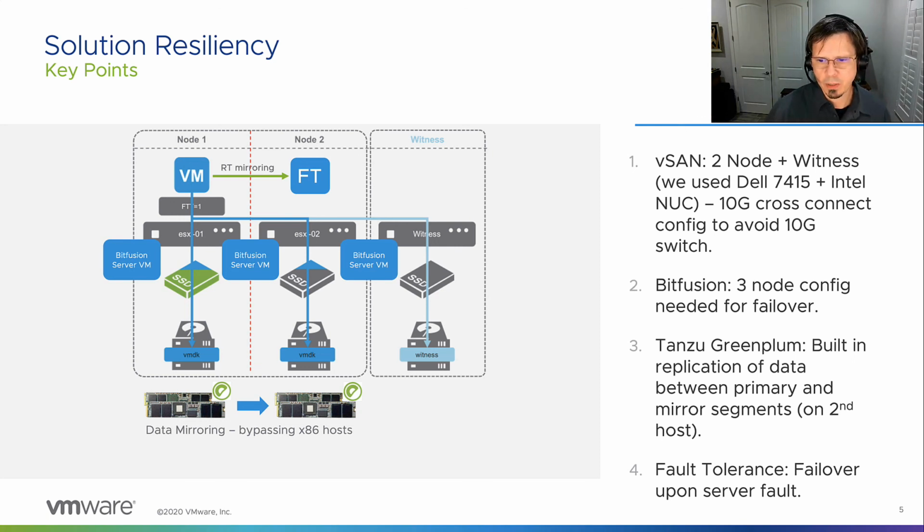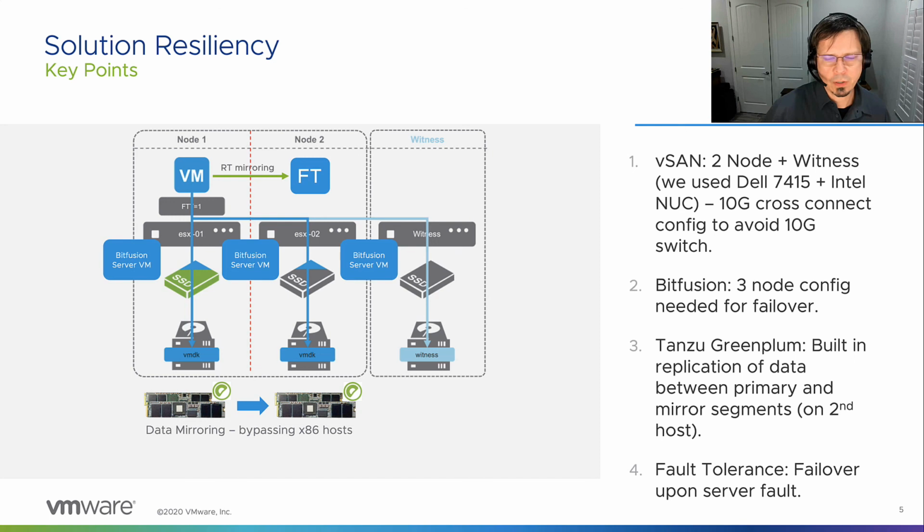We think this is pretty impressive. You get the speed and offload of the NVMe devices. You get the GPU acceleration of Bitfusion, but you get the advantages of shared storage for the actual recovery of node failure, something that vSAN is providing and is really the foundation of this far edge solution.